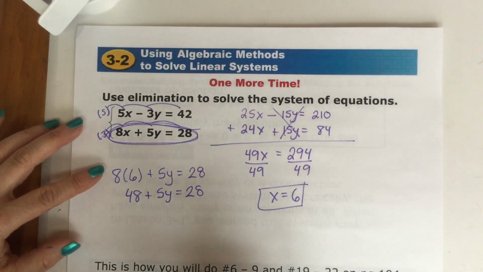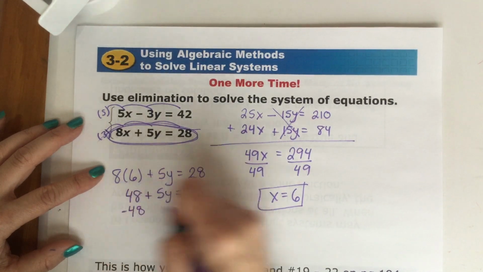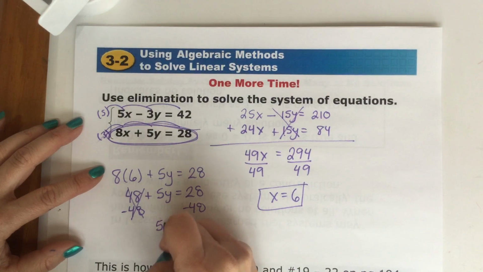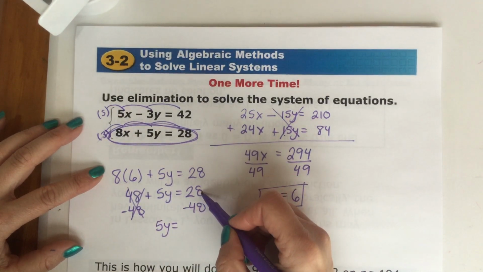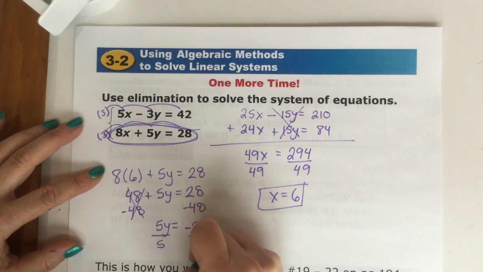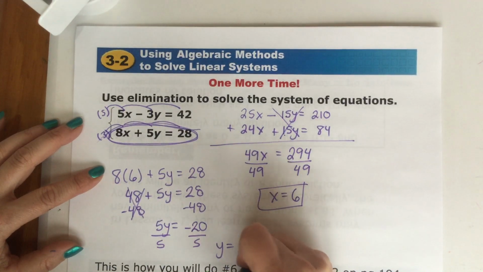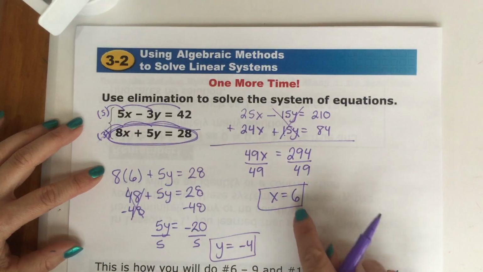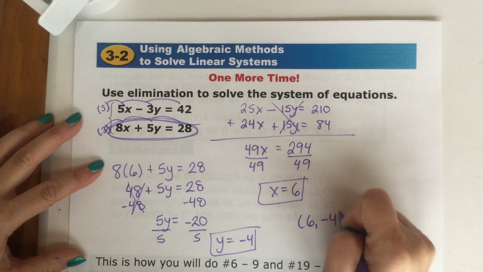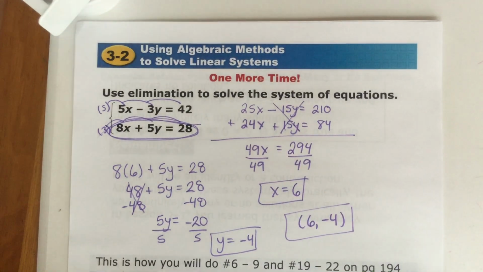If I want to solve for y, I need to minus that 48 from both sides, leaving me a positive 5y equals 28 minus 48 is negative 20. Divide both sides by 5. Negative 20 divided by 5 is a negative 4. Once you know x and you know y, you can write your final solution, positive 6, negative 4.